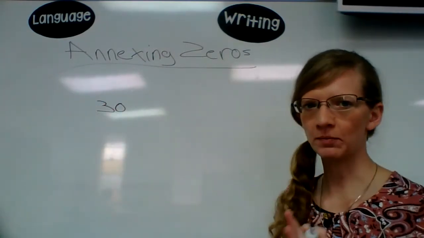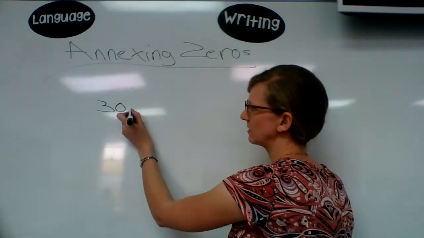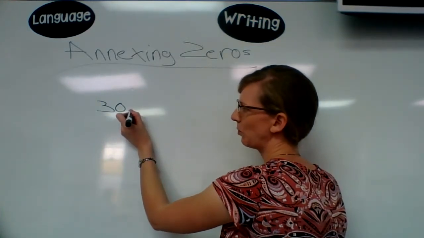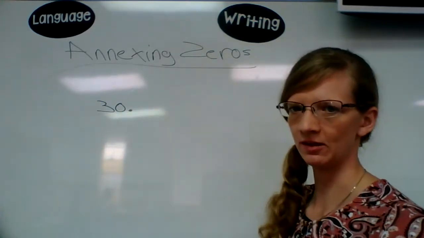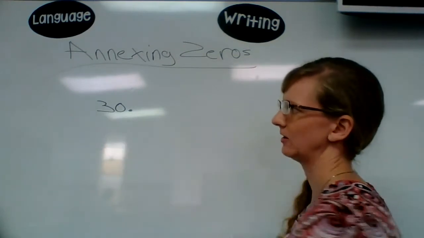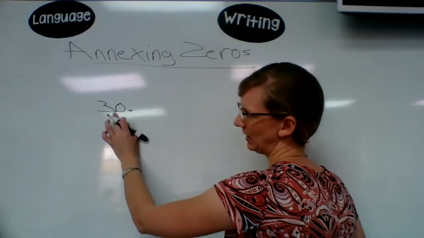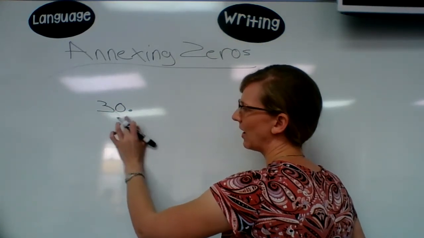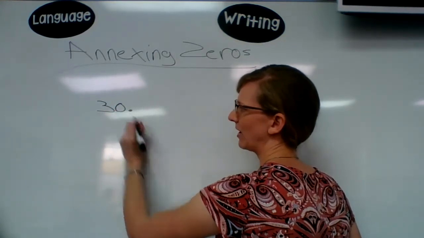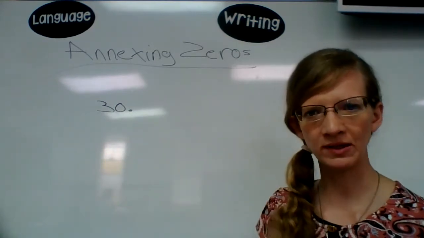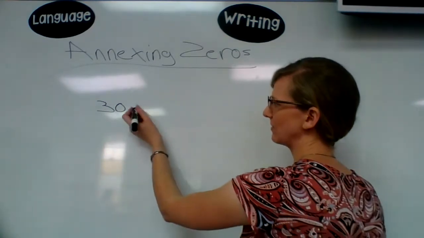After every whole number, there is an understood decimal point. So if I put a decimal point here, does that change anything? No, it's still 30. If I put a decimal point in front of the 0, now it's 3. So that changes something. But every number has a decimal point after it. It's just not always put there. Usually you only put it there if you have something after it.